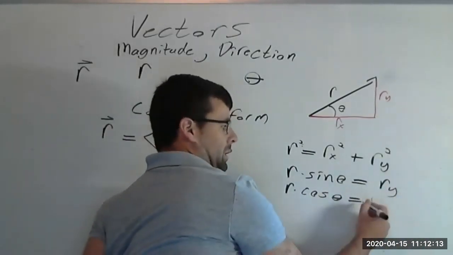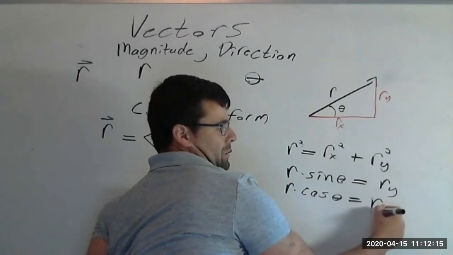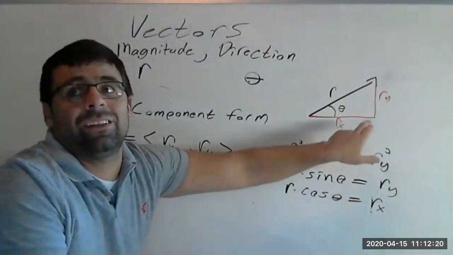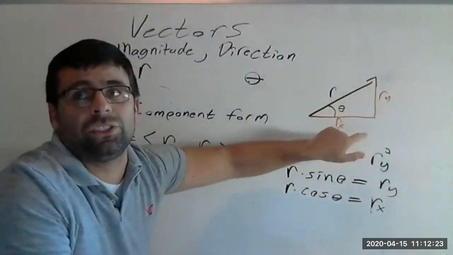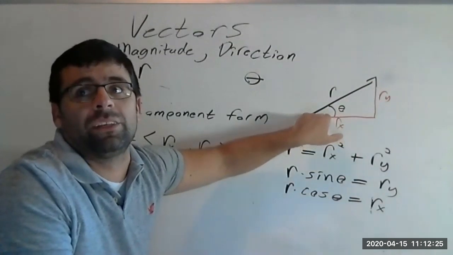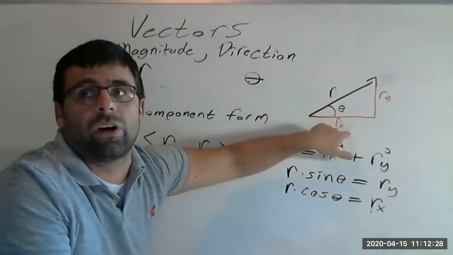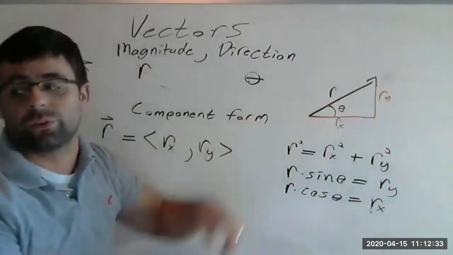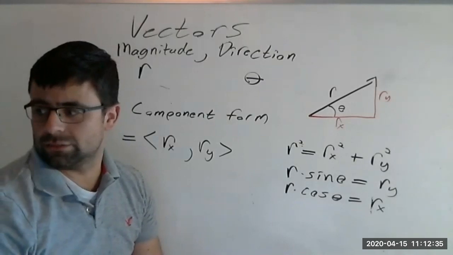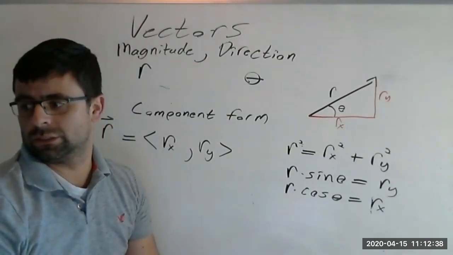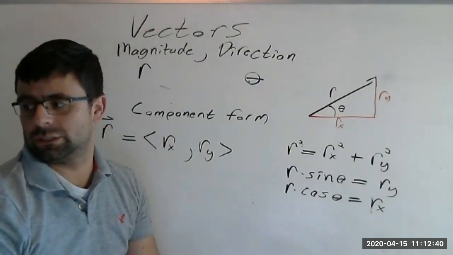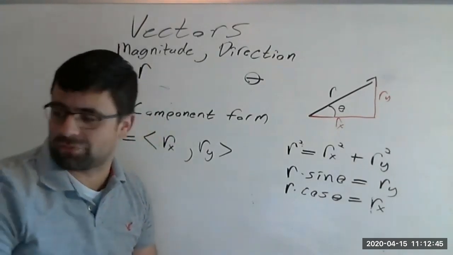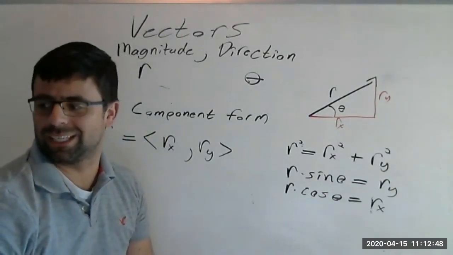It's a right triangle. So there's a relationship between the cosine of this angle is Rx over R, and the sine of this angle is Ry over R, right? Anybody remember that from ever?